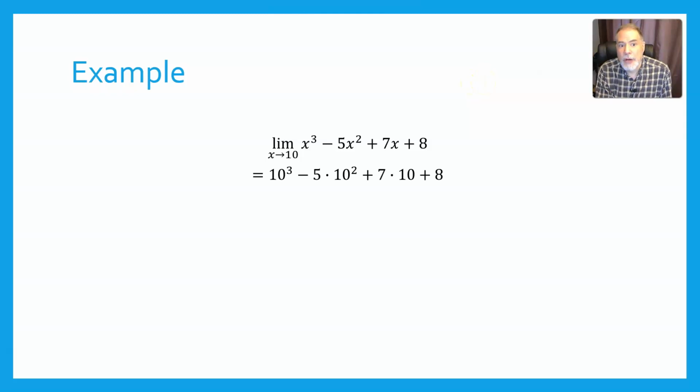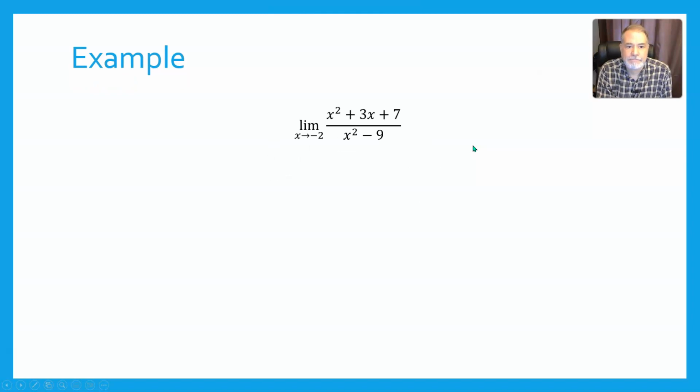So the closer x gets to 10, the closer x cubed gets to 10 cubed, and the closer x squared gets to 10 squared, and so on. So the whole thing is approaching 10 cubed minus 5 times 10 squared plus 7 times 10 plus 8, which is 1,000 minus 500 plus 70 plus 8, which is 578.